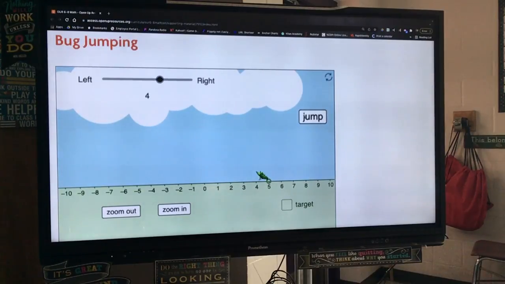Alright, slide over to 1B at the top of the right side. It says if the flea starts at 1 and jumps 4 units to the left, where does it end and how far away is it from 0? So go ahead and start at 1. Stand up when you have your answer.